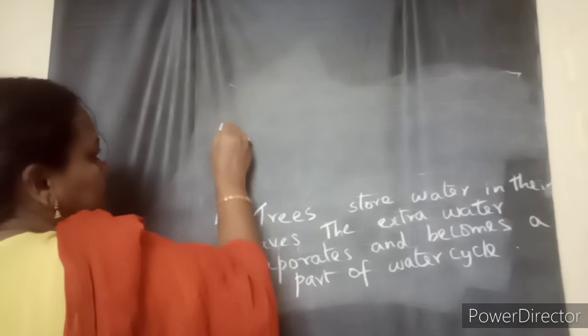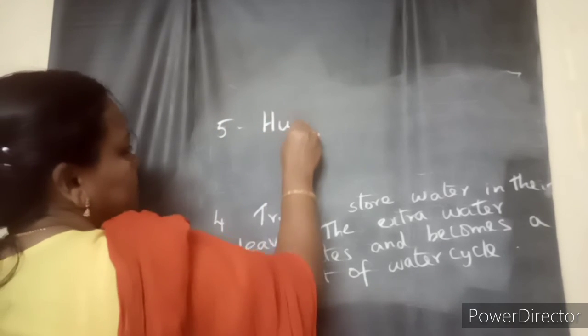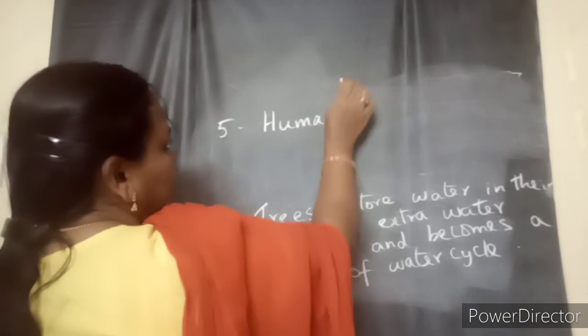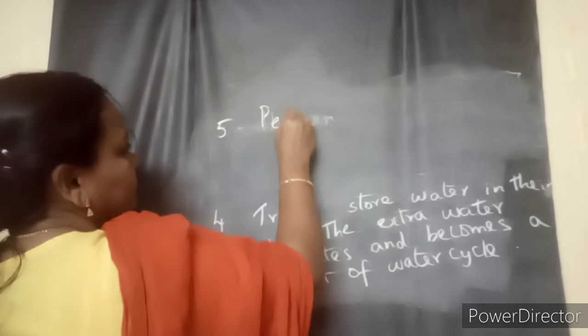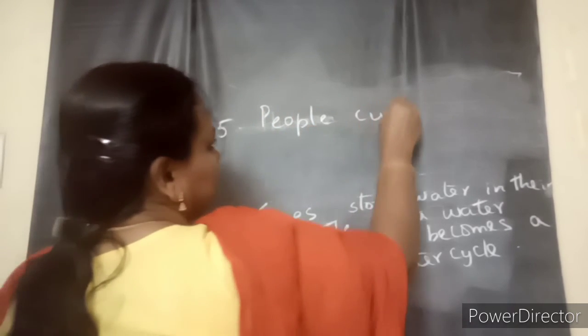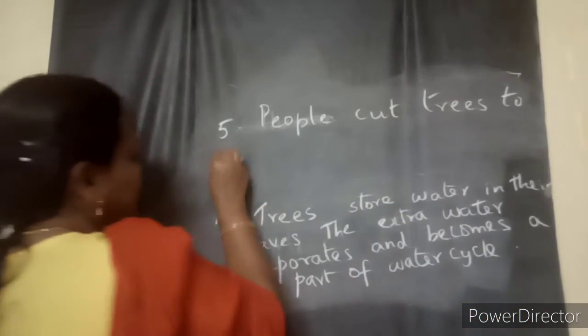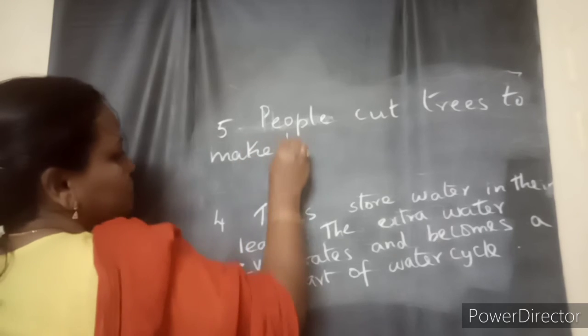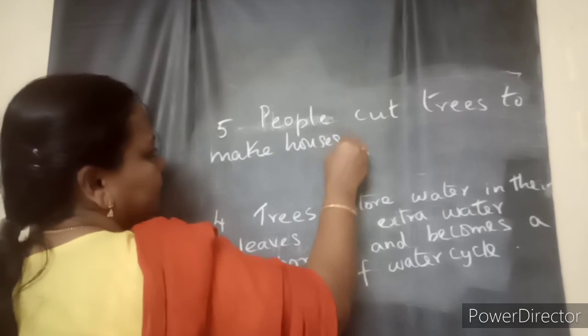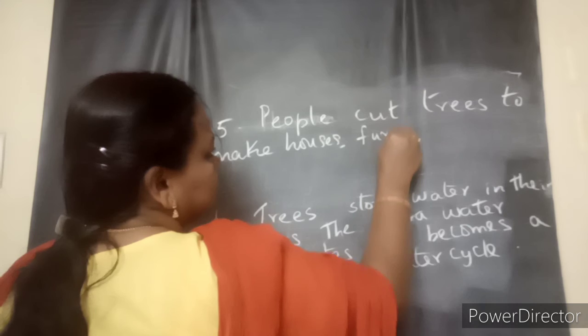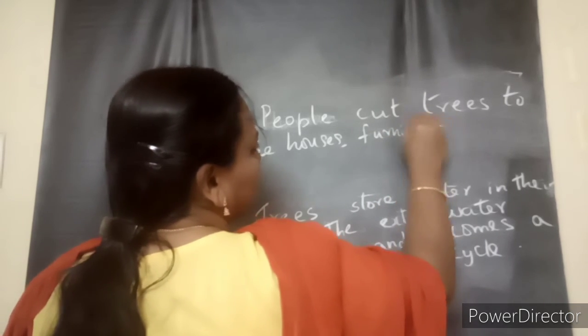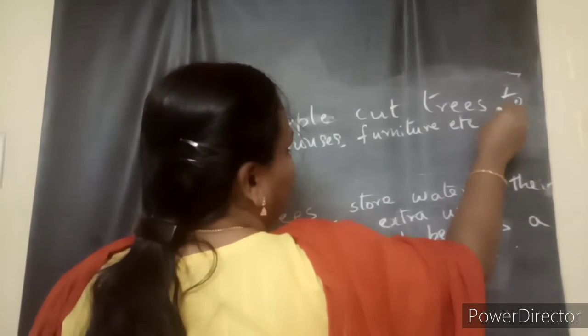So that people cut trees to make houses, furniture, and also so many things, like to get paper and all.